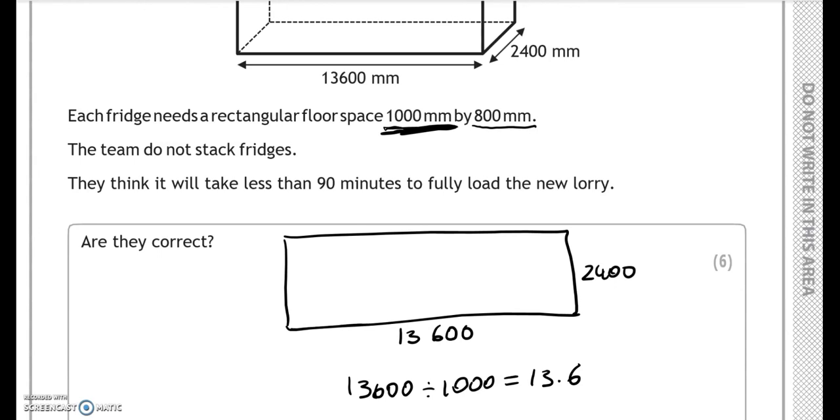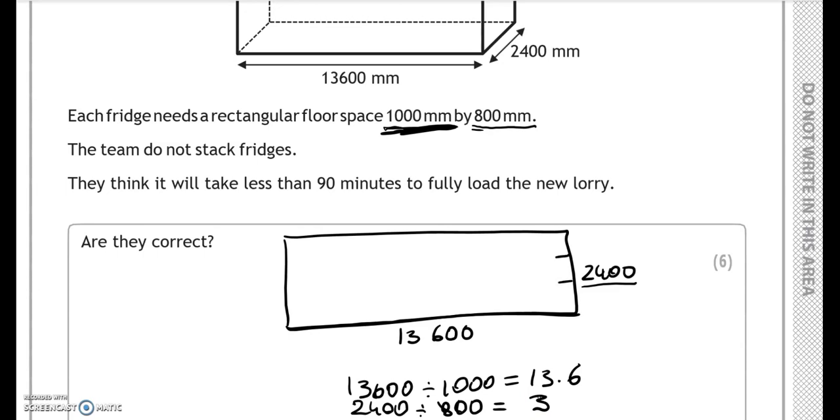So along this length there will be 13 fridges. 2,400 divided by 800 gives us 3.